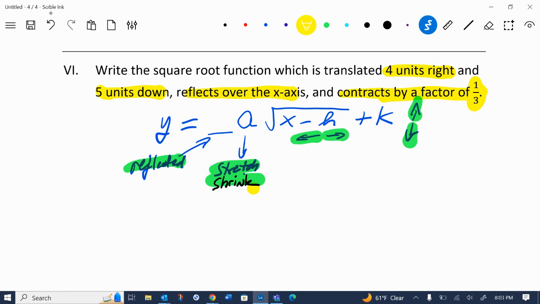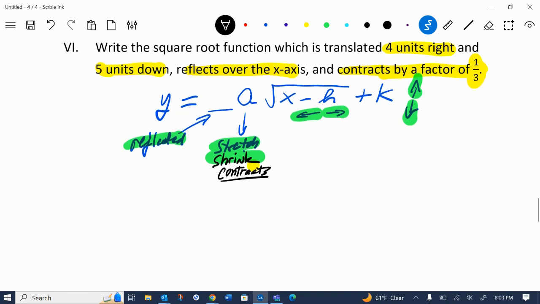So that's another way you could say shrink, is you could say contracts. Let me write that a little neater. Contracts. I'm still not sure I got that a clearly in there, so I'm going to fix it again.